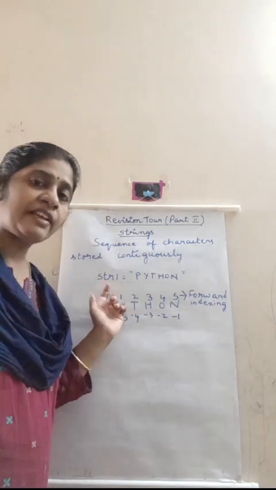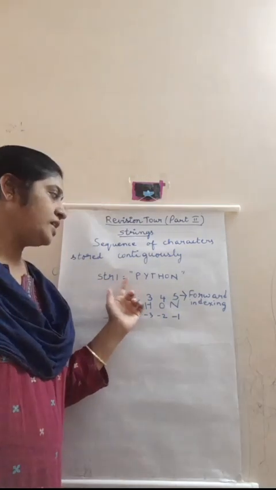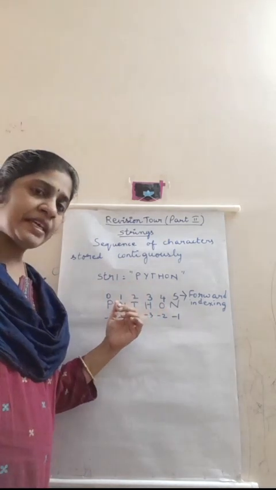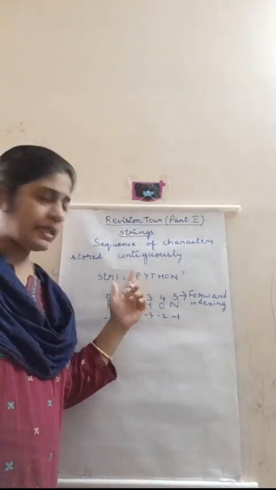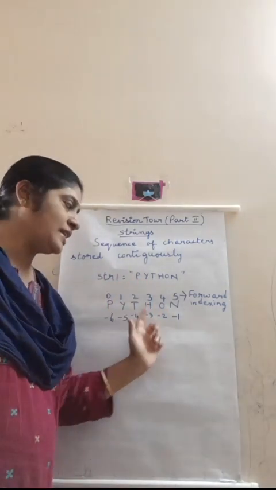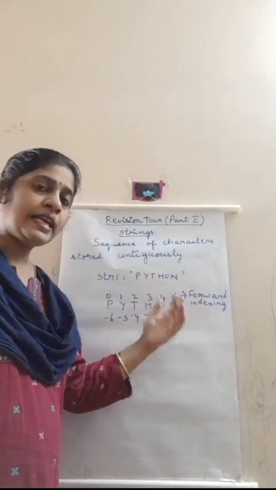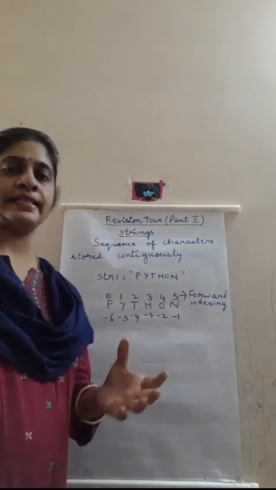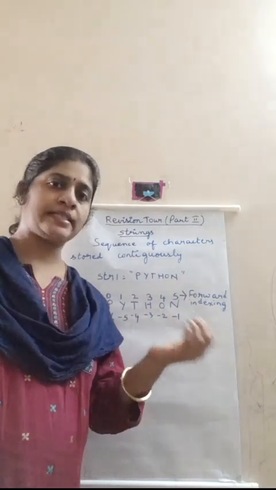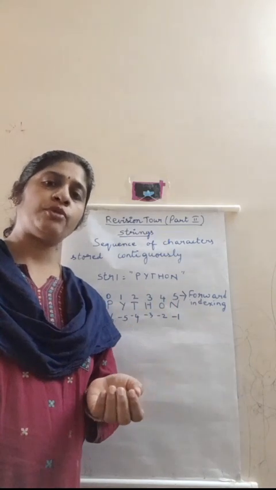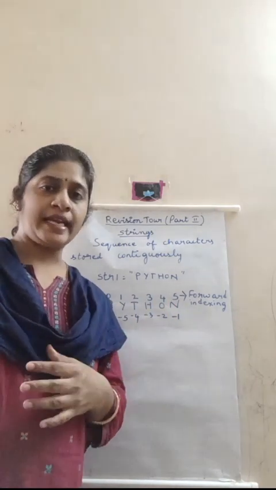For example, if I am storing string 1 is equal to Python, in the memory the Python will be stored contiguously like this, one after another. They will be stored, and the string will be indexed. If you want to access the characters of the string, then you have to access them using the index.